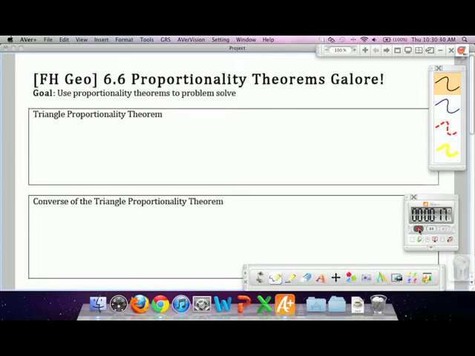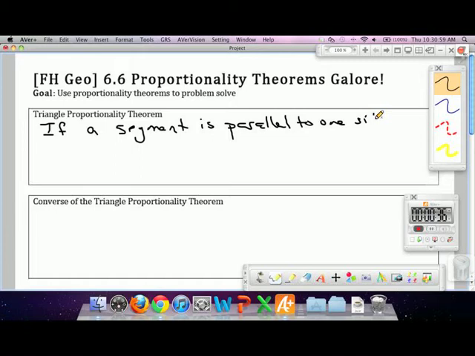If a segment is parallel to one side of a triangle and it intersects the other two sides.